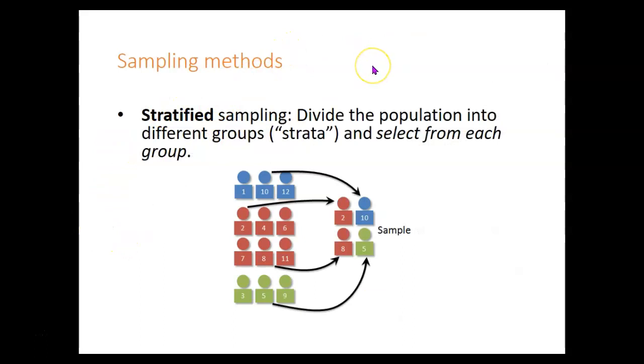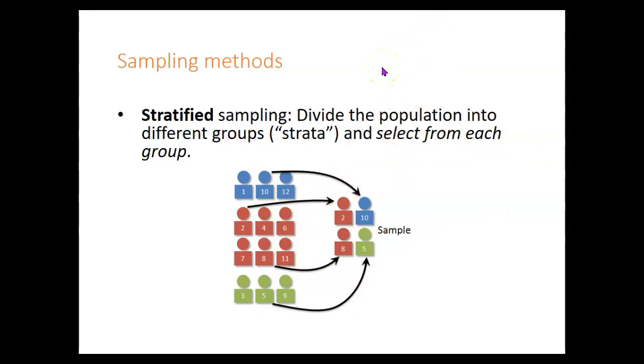Another sampling method is what's called stratified sampling. That's where you divide the population into different groups or different categories called strata, and then you select from each group. You make sure that there's somebody from each of those different groups included in your sample.